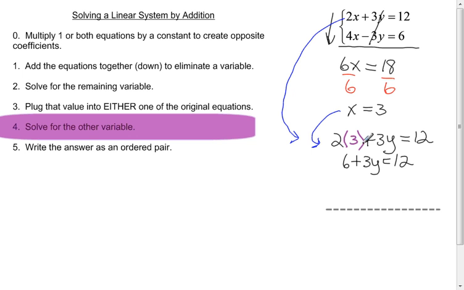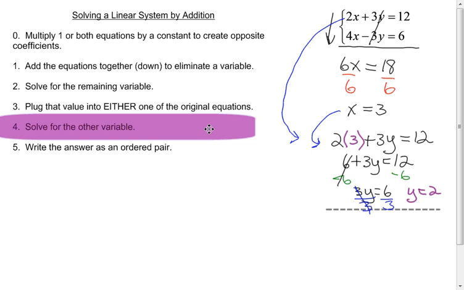Then I will in fact subtract 6, which will give me 3y equals 6. And then I will in fact divide by 3 and get y equals 2.